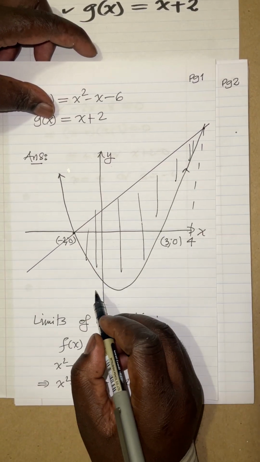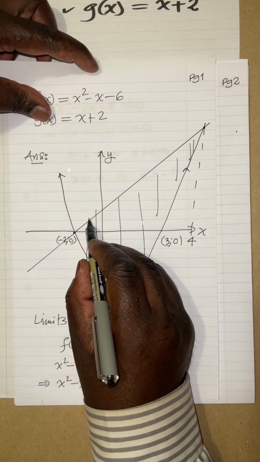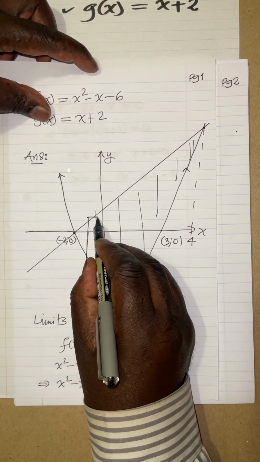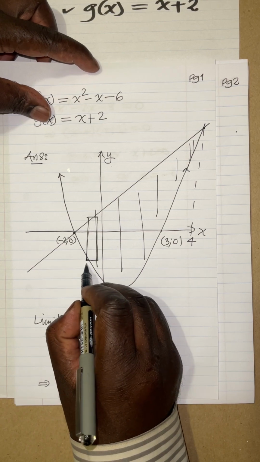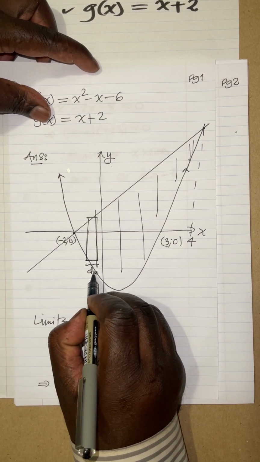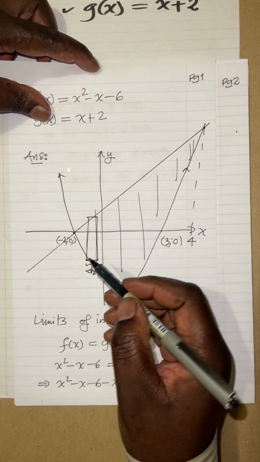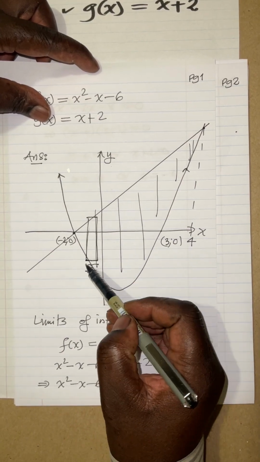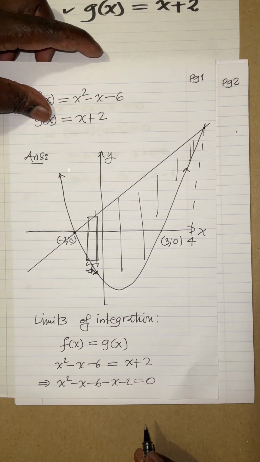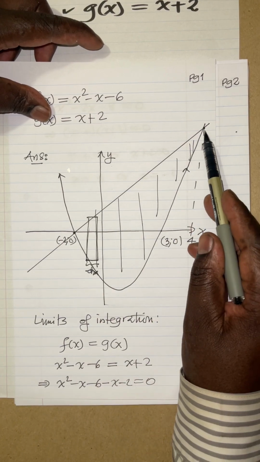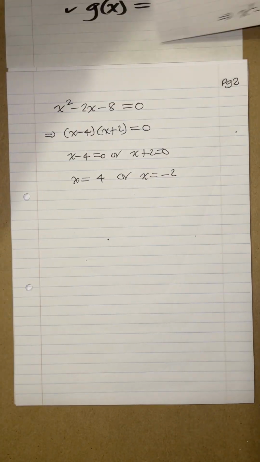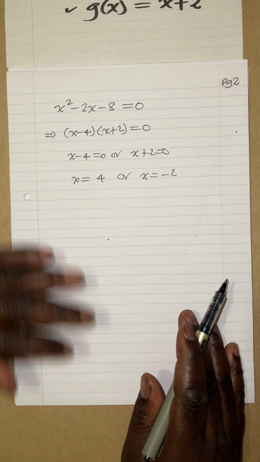In order for us to determine that area, we're going to look at a small rectangle. If I draw it here, this small rectangle has width dx, and the length of this rectangle is going to be the upper function minus the lower function. So we're going to sum up these rectangles from here all the way up to there. That introduces us to the idea of integration.